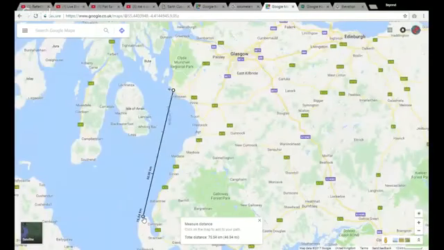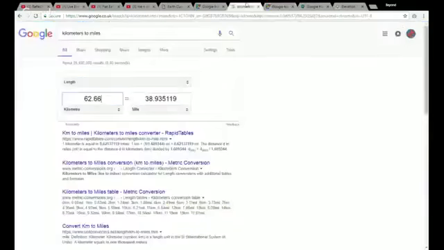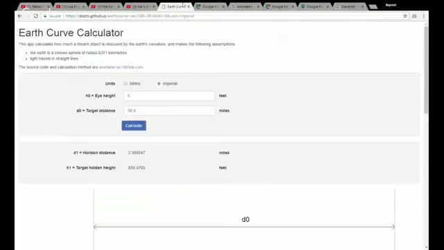So that furthest point that we're seeing there is 75.5 kilometres, .46 miles. So the first one was 859 feet.